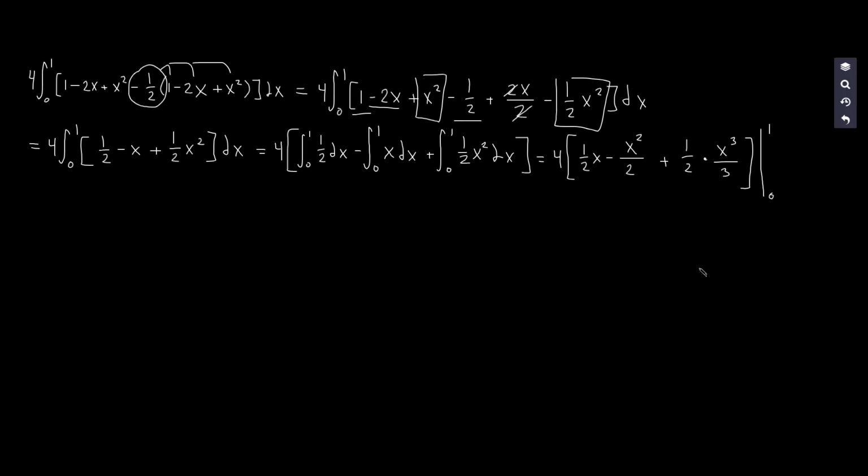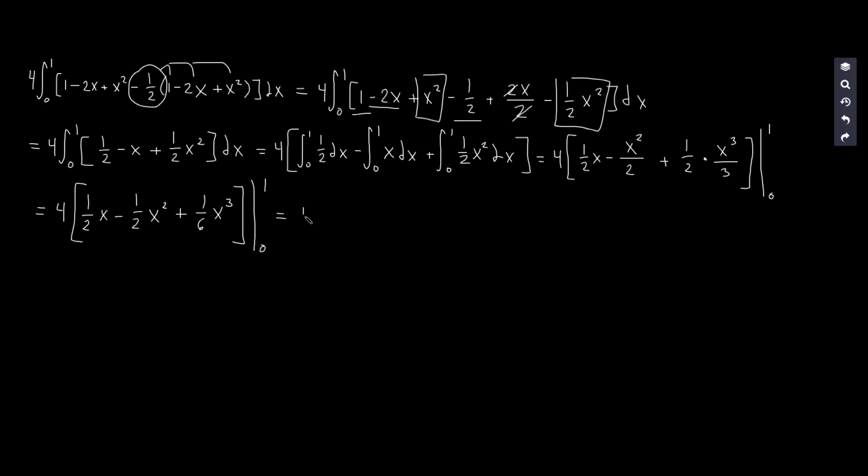Then what are we doing? Well, I think it's going to be 4 times 1/2 times x minus 1/2 times x squared plus 1/6 times x raised to the third, evaluated from 0 to 1.